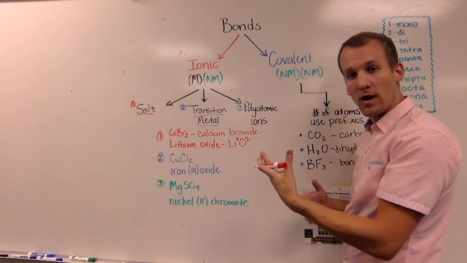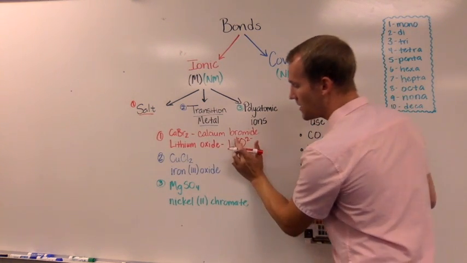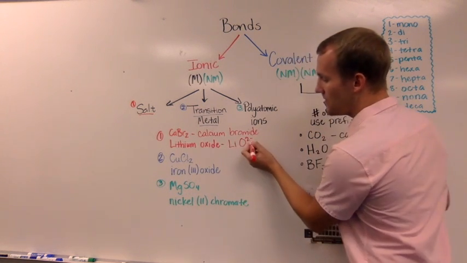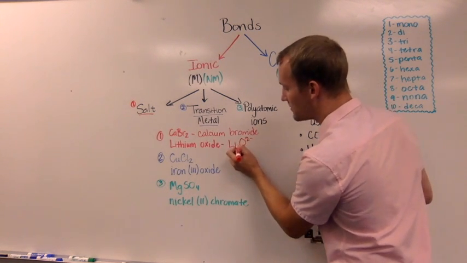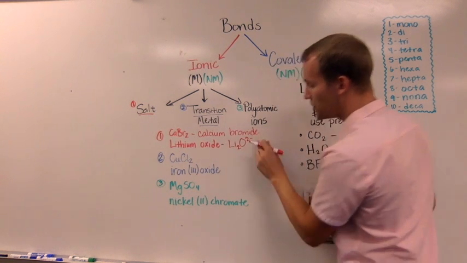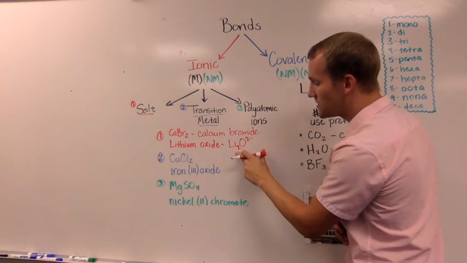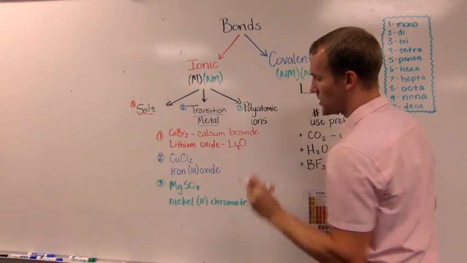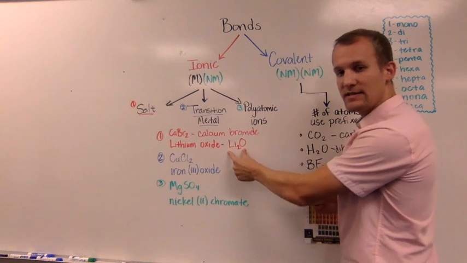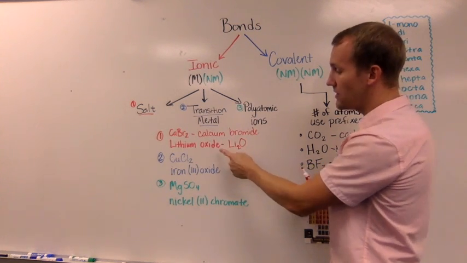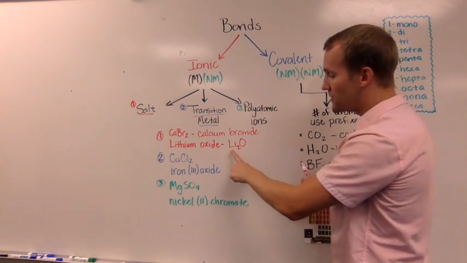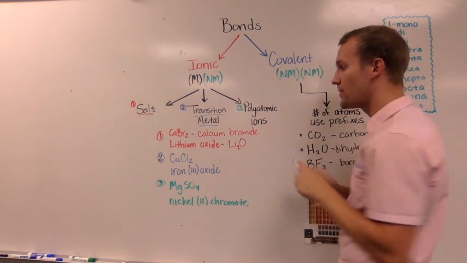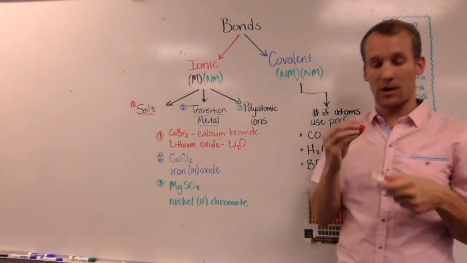Remember, we don't write 1s, so it just remains blank. Then the 2 from oxygen gets placed on lithium as a subscript, and then we can get rid of the charges. So now this is the actual formula for lithium oxide. There are actually 2 lithium atoms for every 1 oxygen atom. So that's how we go backwards.